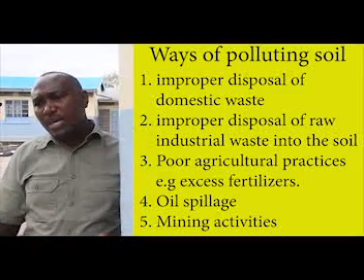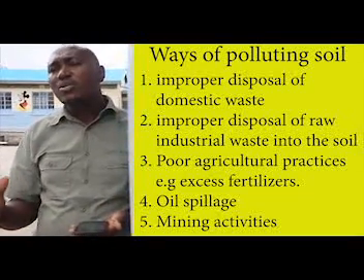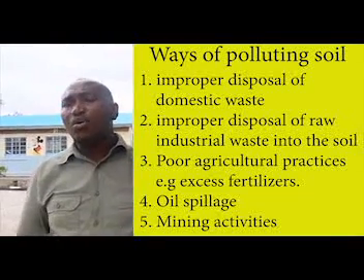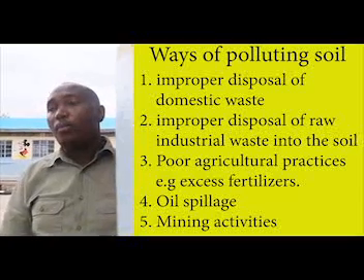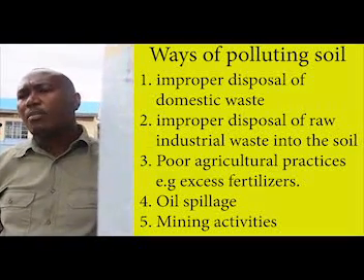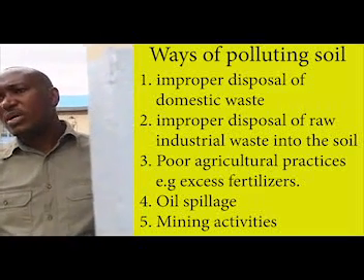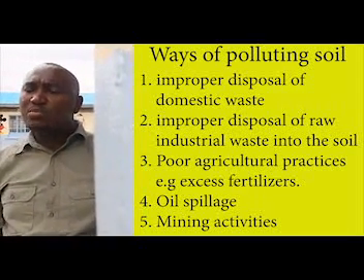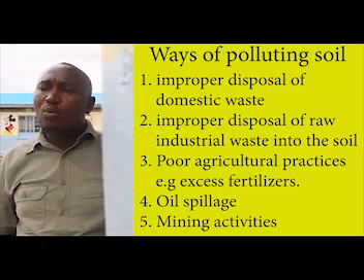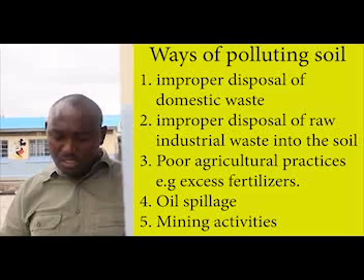The peelings that come out of these bananas, these are what we are talking about as domestic or kitchen waste, which, when we put it in the soil in one way, can pollute the soil. We have polyethylene bags, we have metal materials. All these can contaminate our soil. We are saying improper disposal of domestic waste on the soil.